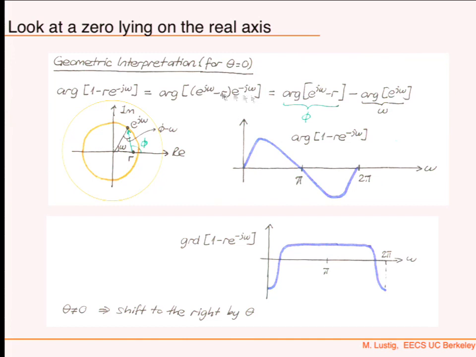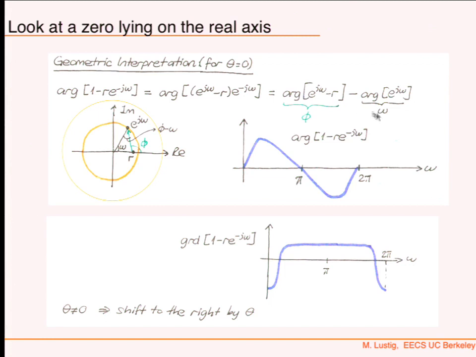The argument of that gives me the argument of (e^(j omega) - r) minus the argument of e^(j omega). The argument of e^(j omega) is, of course, omega. And we need to figure out what this e^(j omega) - r actually means from a geometrical point of view.